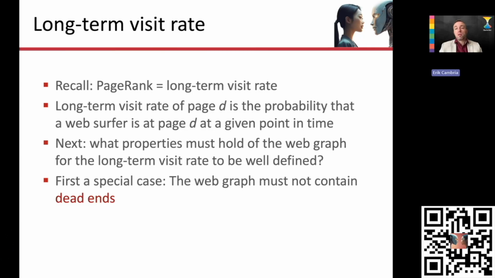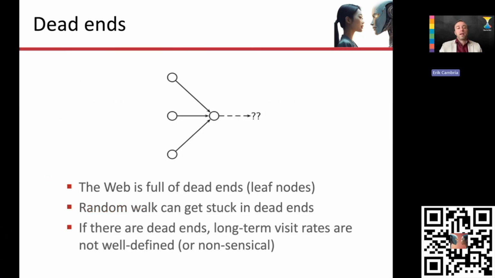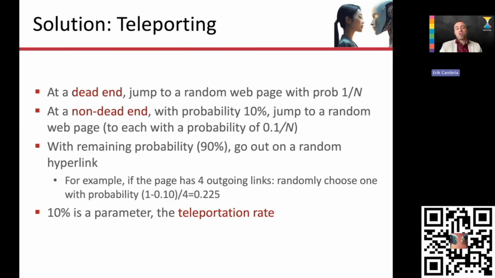There is just a problem that sometimes there are dead ends. If we don't have this teleporting rate, there is the risk that we get stuck in a dead end. So it's important to have this teleporting rate, not just to better model user behavior on the web, but also to make sure that the Markov chain is ergodic.